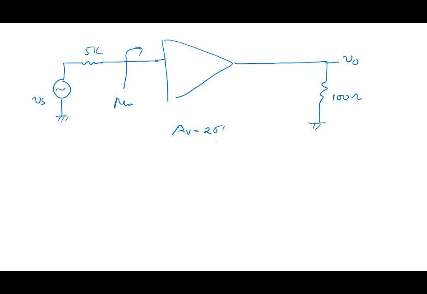So gain is specified, 250. When I look from here, I should make Rn much larger than Rs, so that the entire signal that you see here goes into my amplifier. So I need an Rn at least 10 times higher. 10 times higher is 50K. Maybe I'll use 100K.